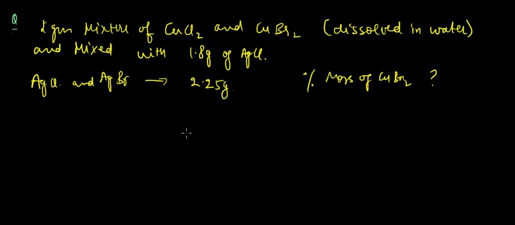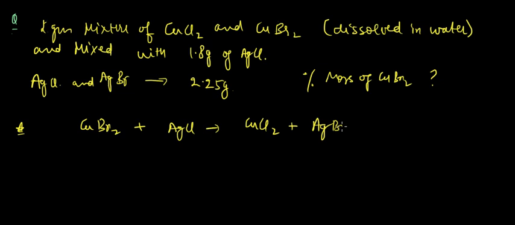Okay, so the reaction will proceed forward as we would have something like CuBr2, which on reacting with AgCl, would produce CuCl2 plus AgBr. Just balancing the equation here.